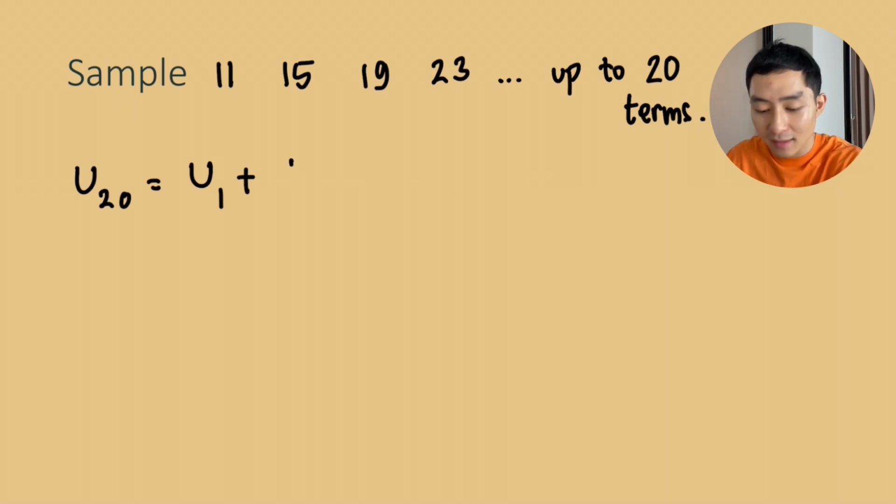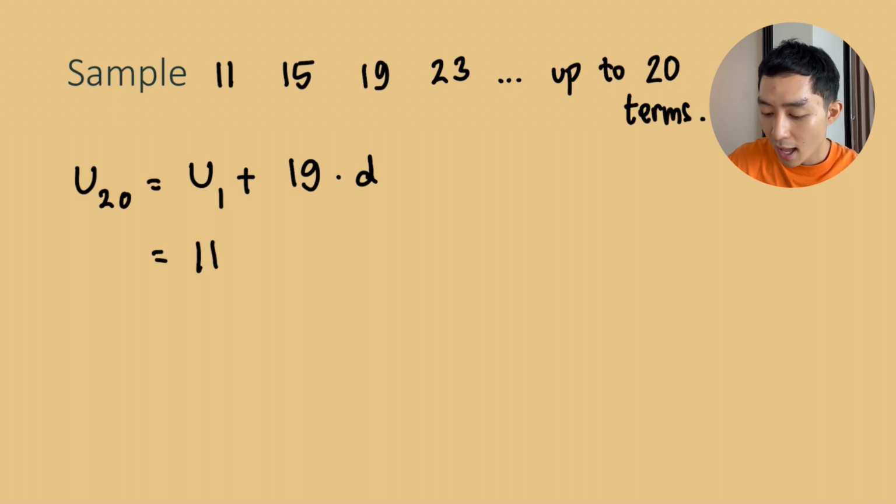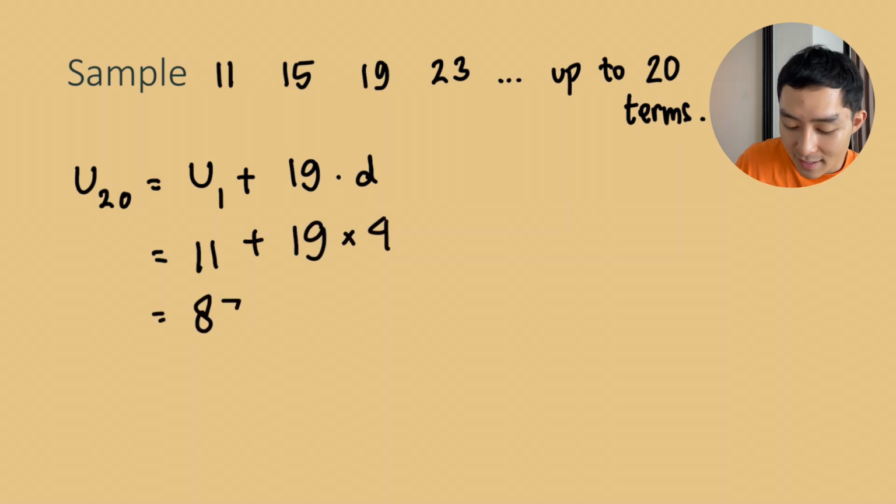So it will be 19 jumps of the difference. Now we just substitute what we have. We can see that U1 is 11, so I will write 11. And then for the difference, it is consistently an addition of 4. So 19 times 4. And the answer is 87.